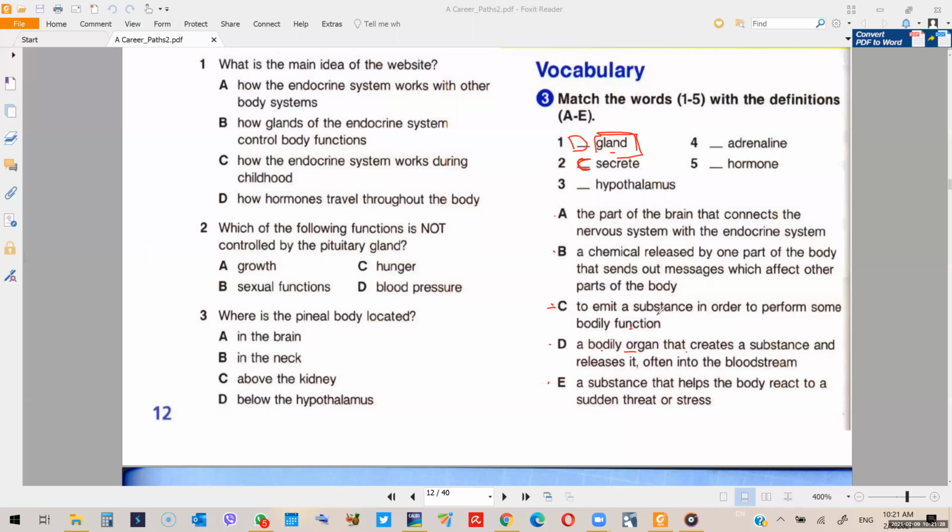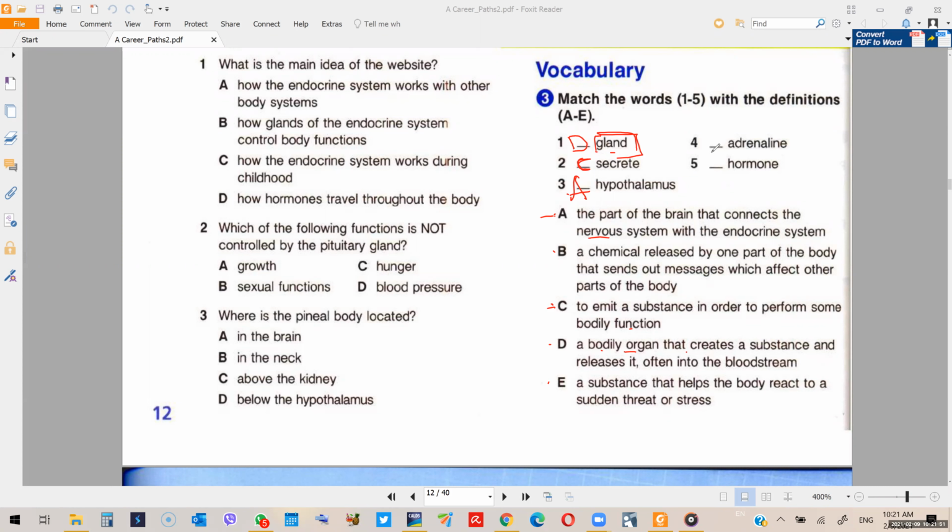Number 3, hypothalamus. It is A. The hypothalamus is the part of the brain that connects the nervous system with the endocrine system.